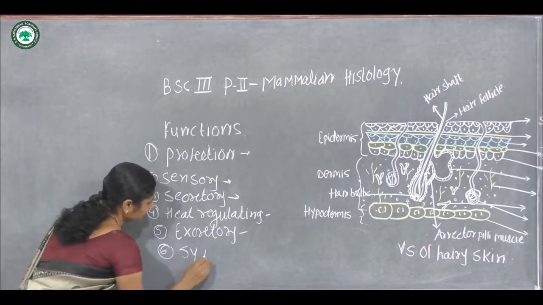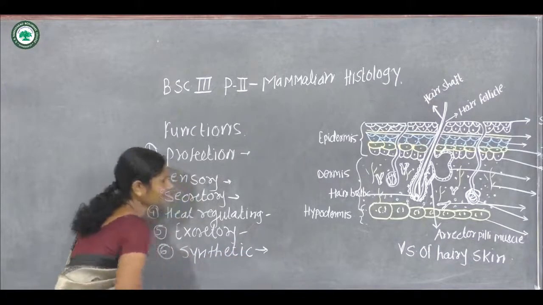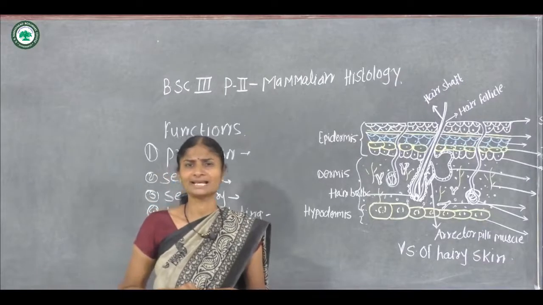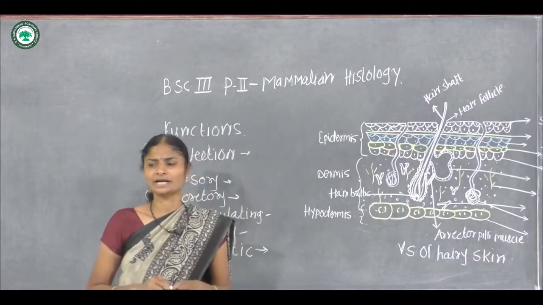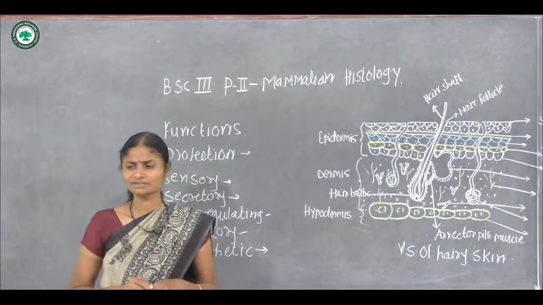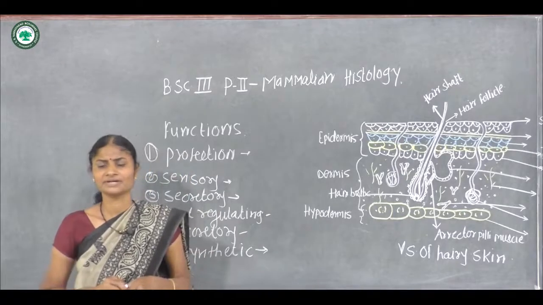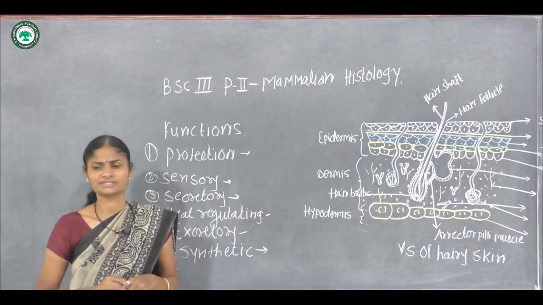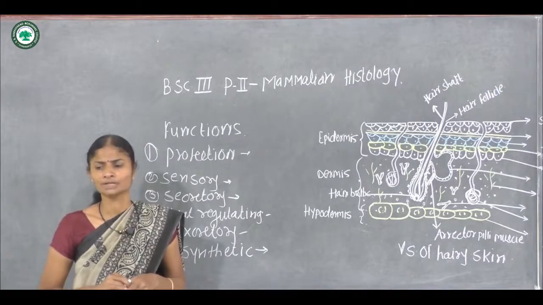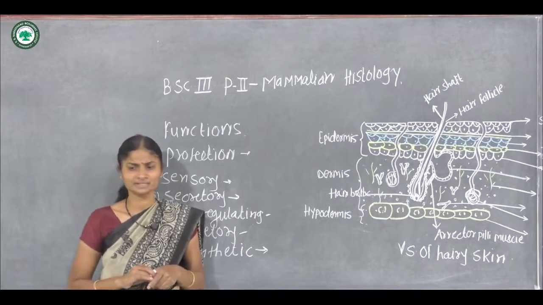Next is the synthetic function. In the presence of sunlight, that is ultraviolet rays, the skin naturally synthesizes vitamin D. Skin also manufactures melanin pigments.